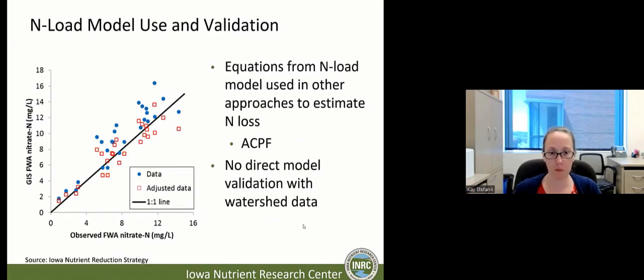Those were watershed scale. So those were some that had been pulled where there was watershed level data for the observed flow-weighted nitrate and the GIS flow-weighted nitrate. And that GIS flow-weighted nitrate would have been similarly based on land use, fertilizer, water yield, and what sometimes we refer to as a universal N curve, I guess.